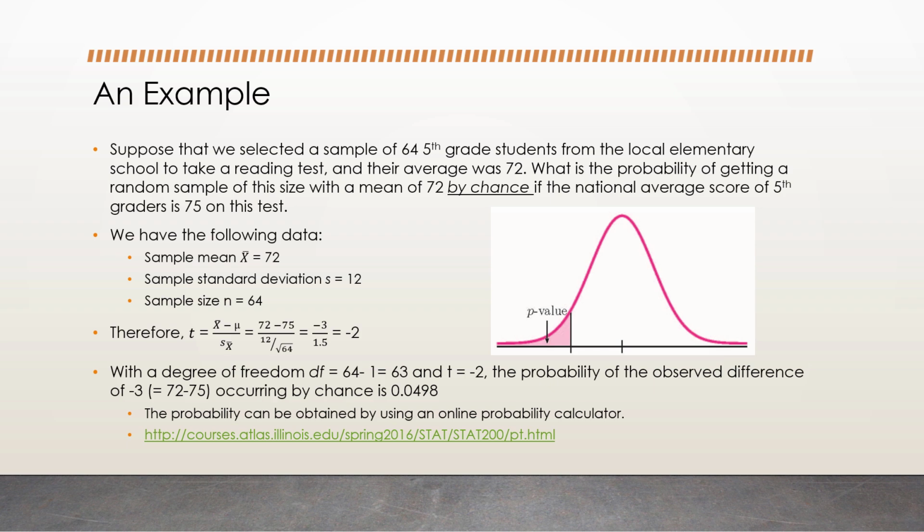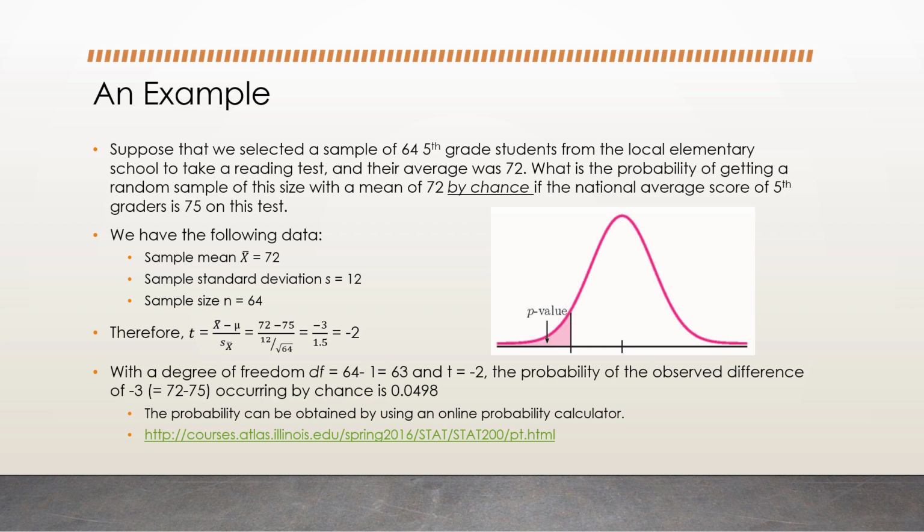Suppose that we selected a sample of 64 fifth grade students from the local elementary school to take a reading test, and their average score was 72. If we know the national average score for fifth graders on this test is 75, what is the probability of getting a random sample of this size with a mean of 72 just by chance?